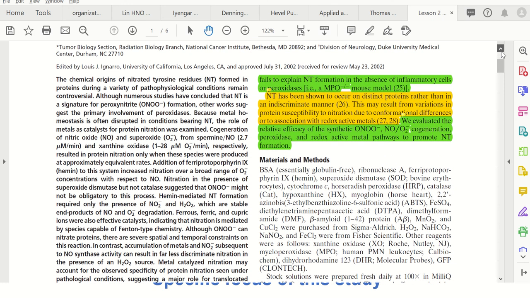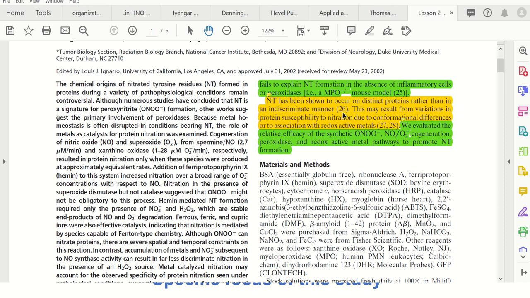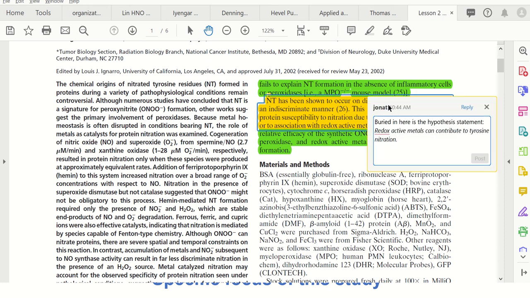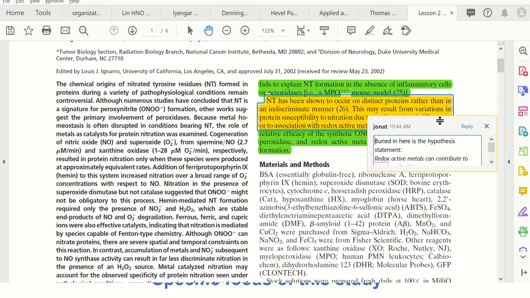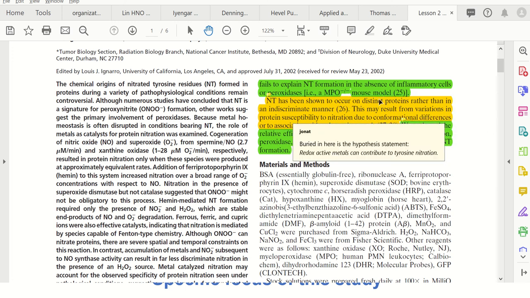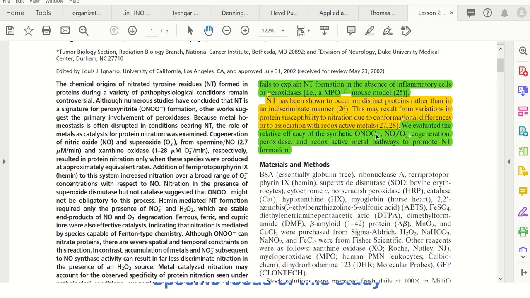Finally, here's the final paragraph where we expect our hypothesis and statement of purpose. The first two sentences say NT has been shown to occur on distinct proteins rather than in an indiscriminate manner. This may result from variations in protein susceptibility to nitration due to conformational differences or to association with redox metals.